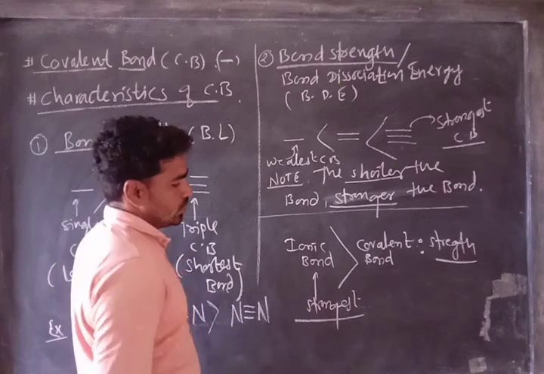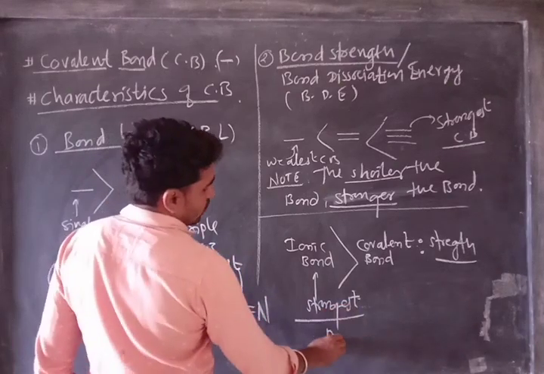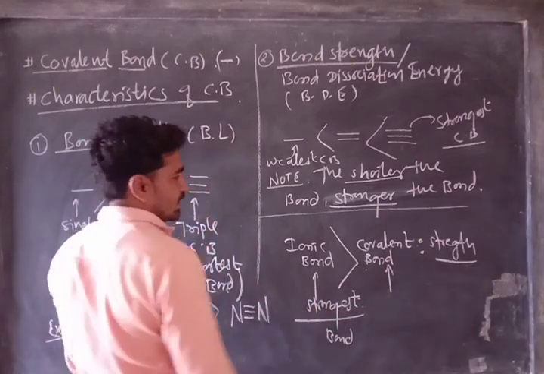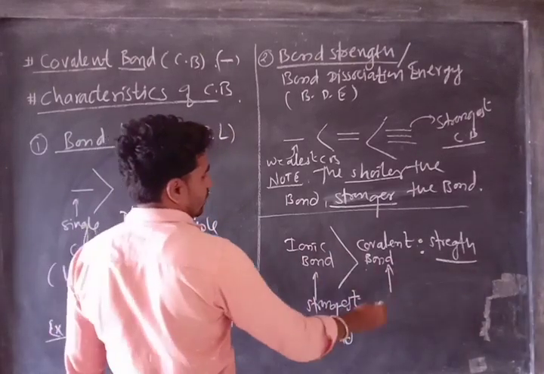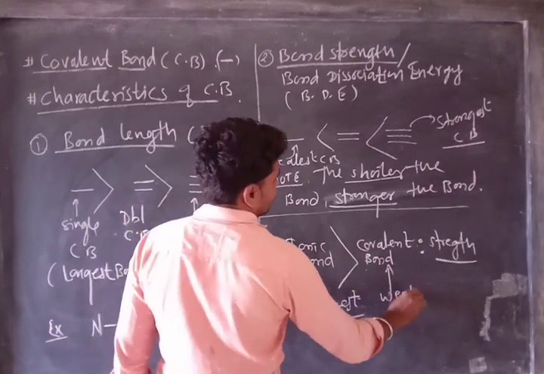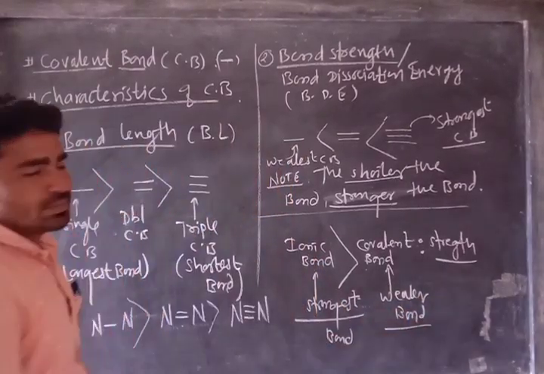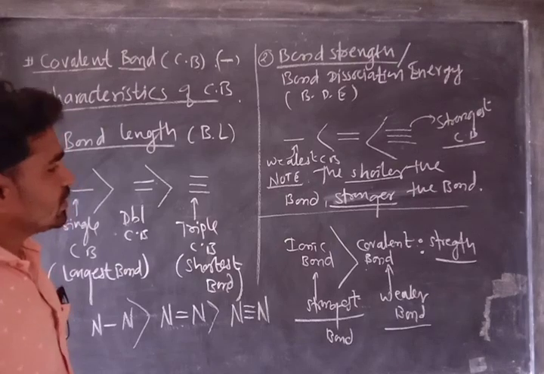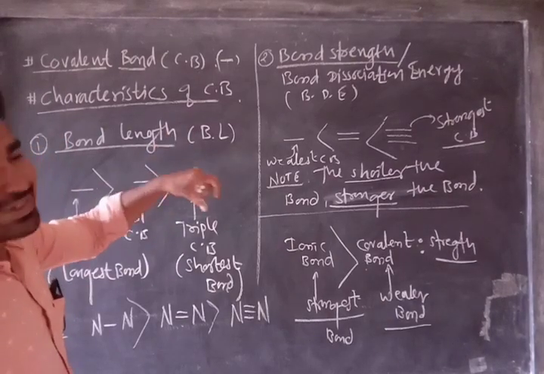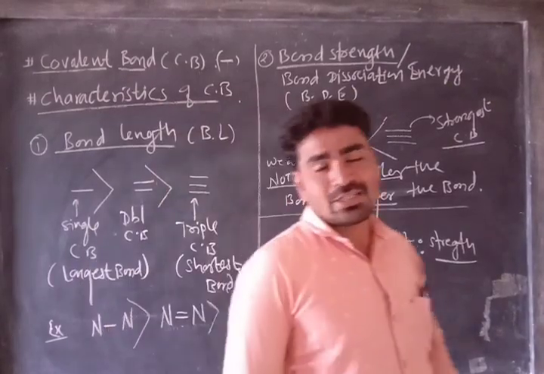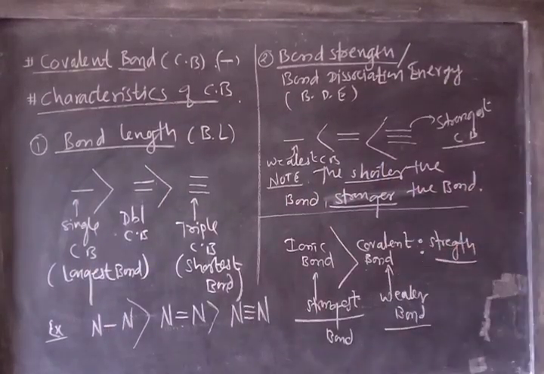Actually, the ionic bond is stronger than the covalent bond. So we can simply say that if we compare the ionic bond and covalent bond, the covalent bond is the weaker bond here. Okay, my dear students, in this way we get quite a good idea about the bond characteristics of covalent bond.